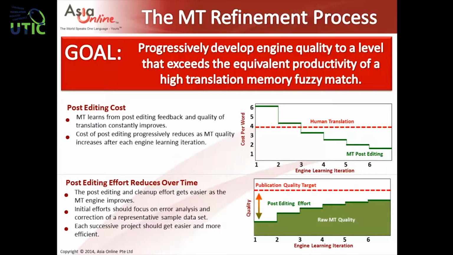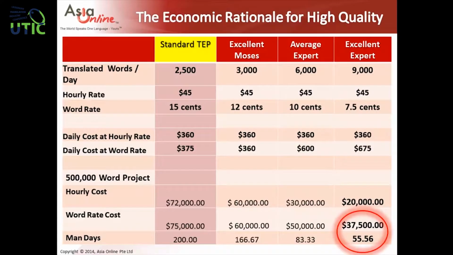But as you start providing more feedback, as you start tuning in more clearly to what the system is supposed to do, you will find that it produces more and more useful segments that actually speed up the production process. And over time, while MT is very rarely going to be a replacement for human translation, it can greatly enhance and speed up the process and reduce the overall cost, as this chart shows.